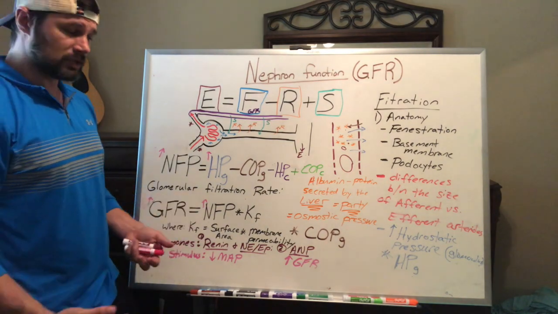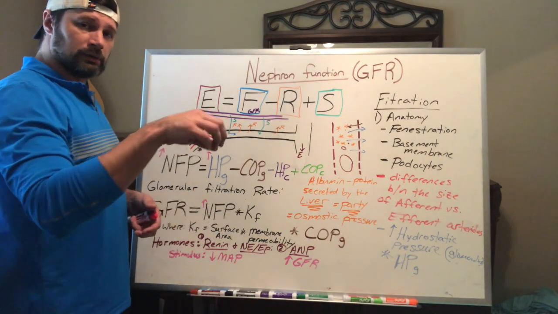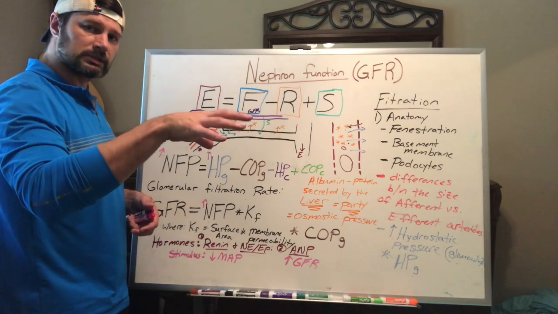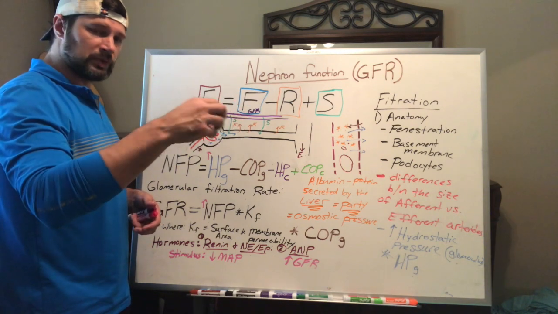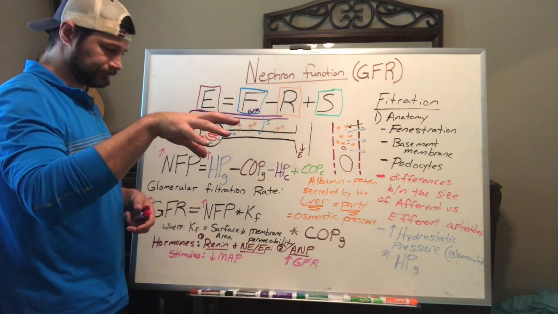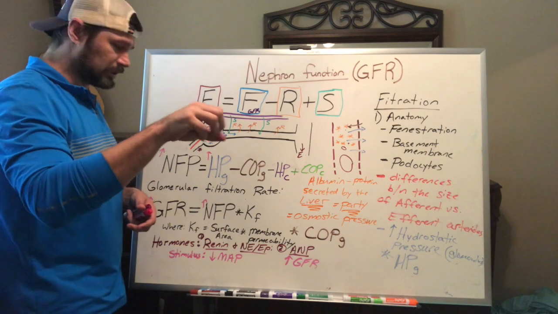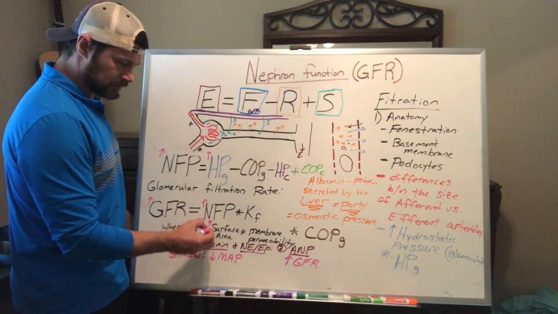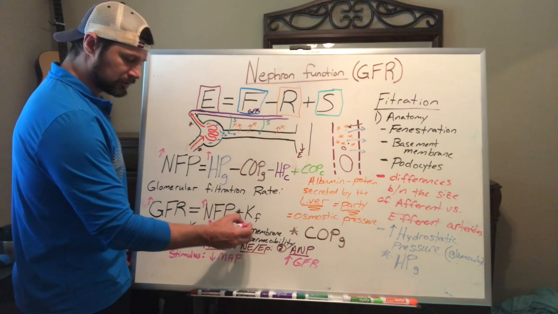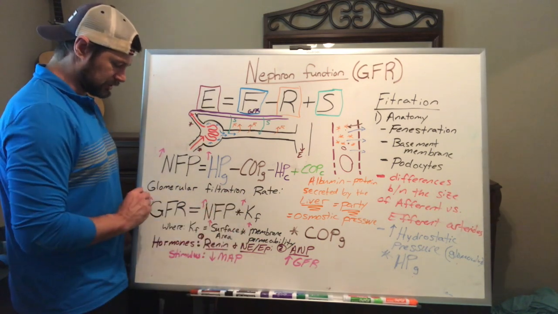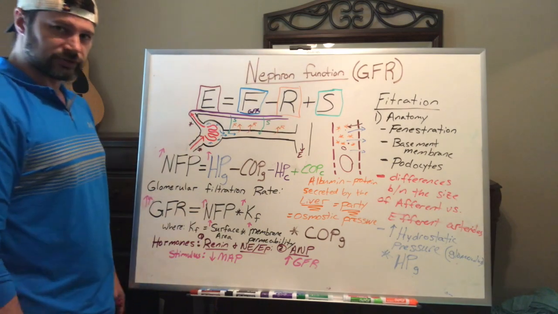And if there's no Ang2, then the mesangial cells in the glomerulus relax. And once we get rid of that Ang2, the glomerulus relaxes. And when the glomerulus relaxes, the surface area increases, the membrane permeability increases, thus the filtration coefficient increases, all of which increases our GFR.